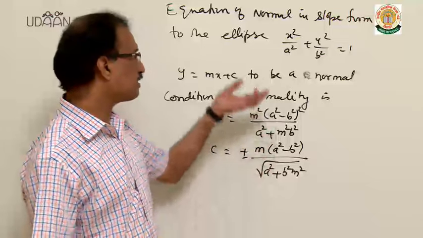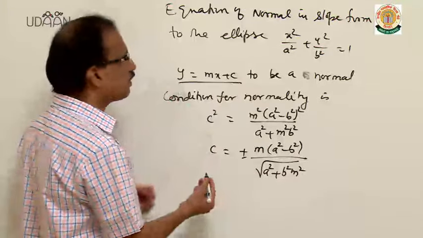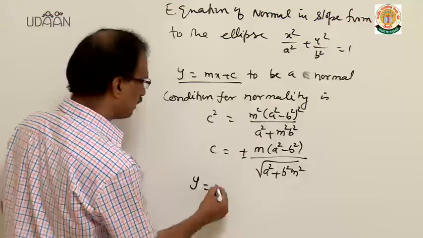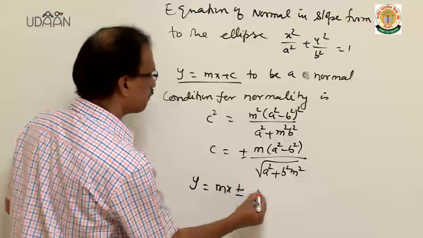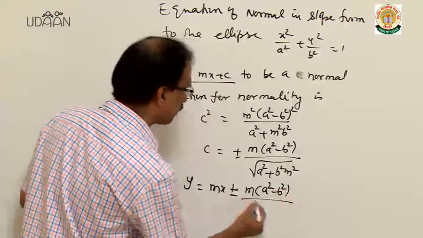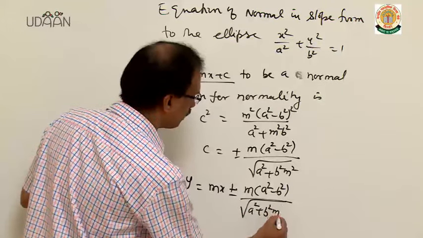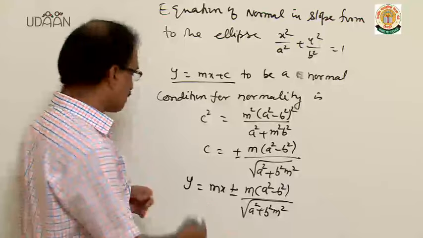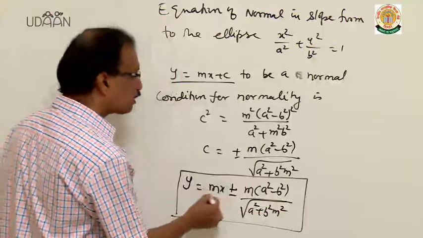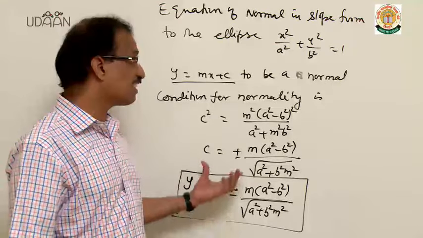If you replace this value of c in the equation, that will be the equation of a normal to the ellipse in slope form, that is y equals mx plus minus m into a square minus b square upon root of a square plus b square m square. So this is the equation of a normal when you know the slope of the normal. Then we say this is the slope form.